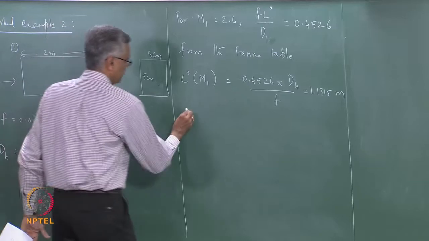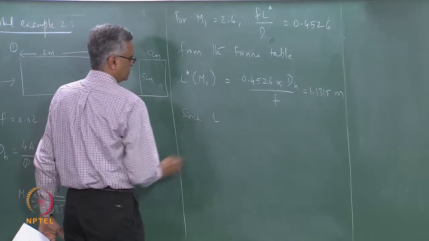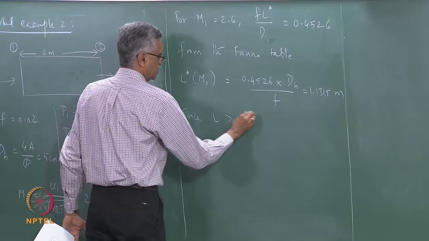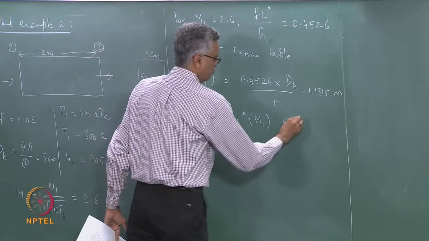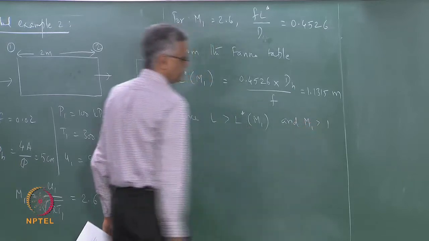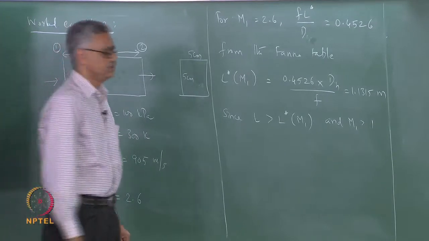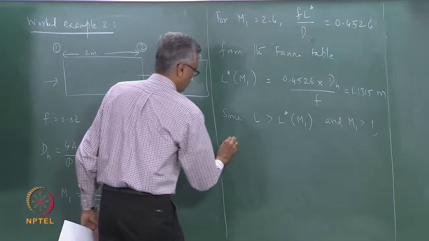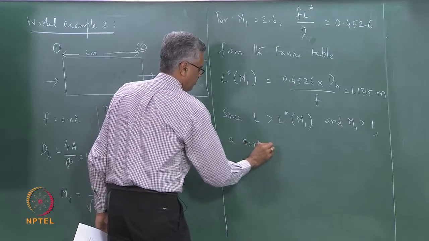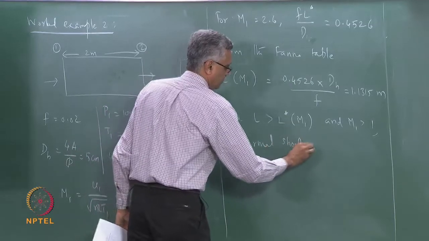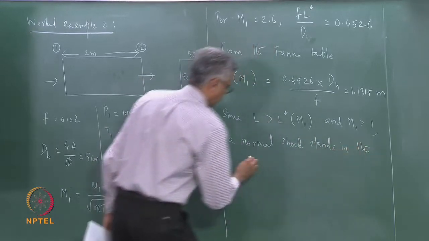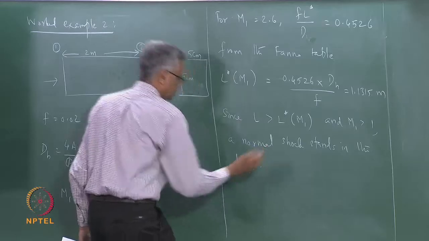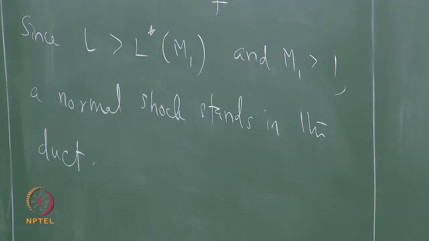So, since the given length L is greater than the L star corresponding to M1 and M1 is greater than 1, the inlet is supersonic, there is going to be a normal shock standing in the duct. So, we have to locate where the normal shock is and then determine the exit properties.